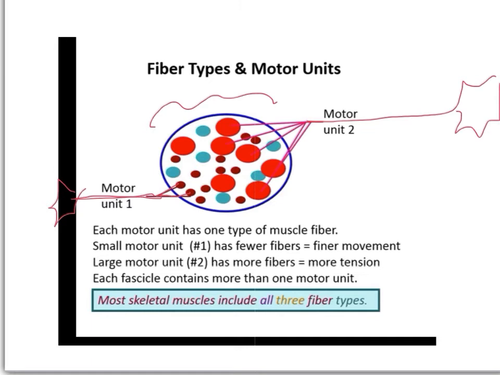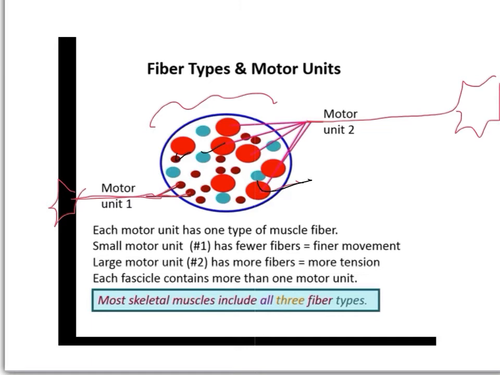The other thing to point out here is these three different types of fibers. You've got your large type 1, your slow oxidative fibers. You've got your 2B fibers, these mid-size, and then you've got the small representing the type 2A fibers. So you've got all three fiber types. This is telling you that your skeletal muscles have all three different types of fibers, and you have all different sizes of motor units combined.